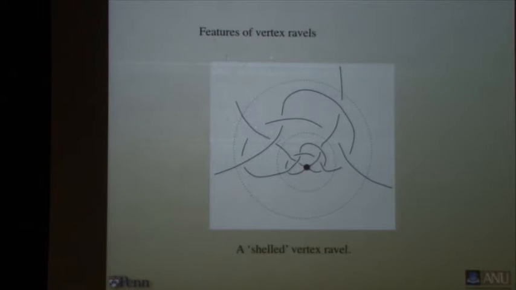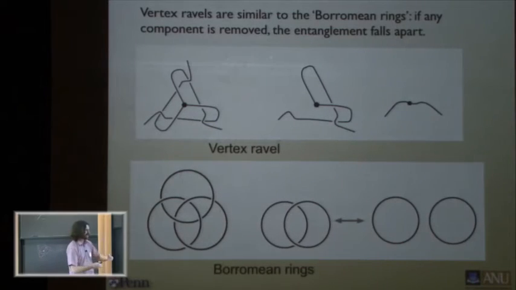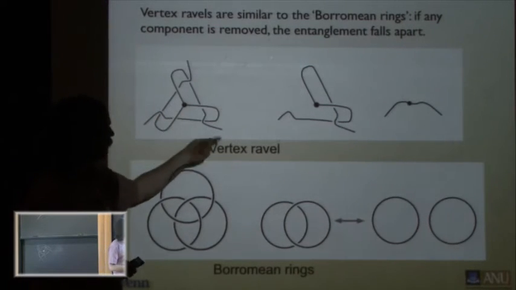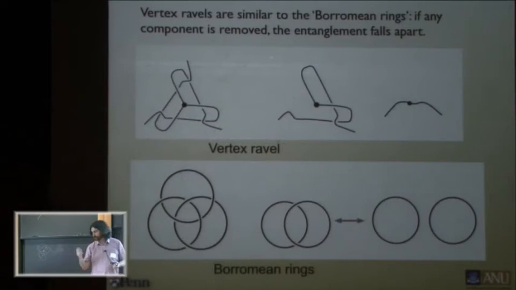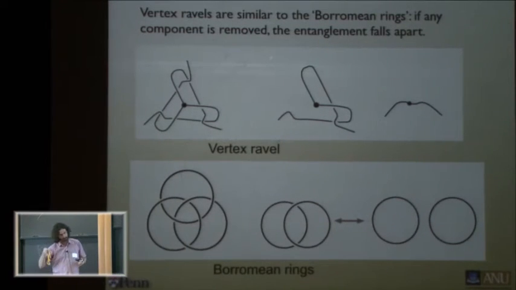Okay, so now I'll just justify the name of ravel here, and I remind you of this quality of them. We call them ravels because as soon as you damage them, they unravel. So we've got a vertex ravel here, and we removed one of the edges, and it just straightens out. That's in fact what I showed you with this toy. We had a ravel, removed one of the edges, and it straightened out.